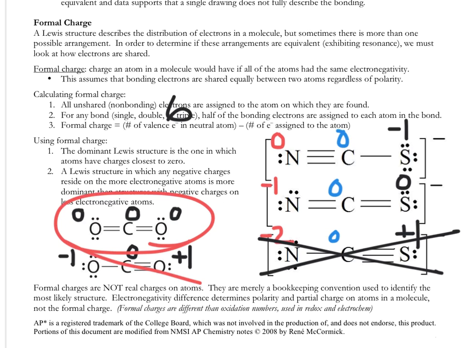That's good. We have something that's 0 and something that's -1, something that's 0, something that's -1. So they're very similar there. But when we look at the second rule, if we have to have a negative charge, it should be on the more electronegative atom. The more electronegative atom is nitrogen. So this is the structure that is most likely.